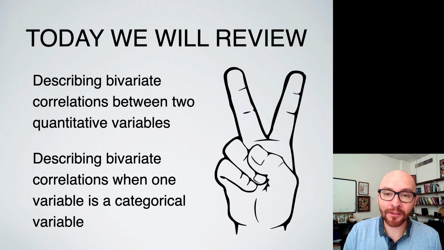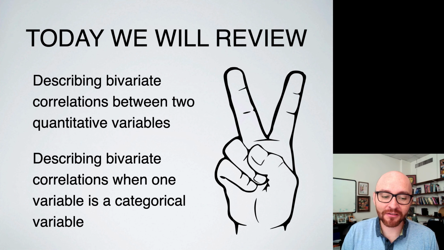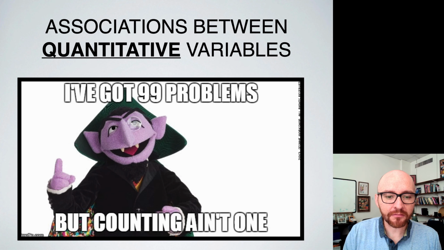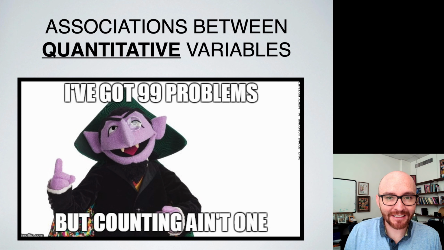But anyways, we're going to review describing bivariate correlations in this video. We're going to review describing bivariate correlations between two quantitative variables and between a quantitative variable and a categorical variable. And we'll go over what a categorical variable is again in the next few slides. So the main thing about a bivariate correlation between two quantitative variables is that we're dealing with things we can count.